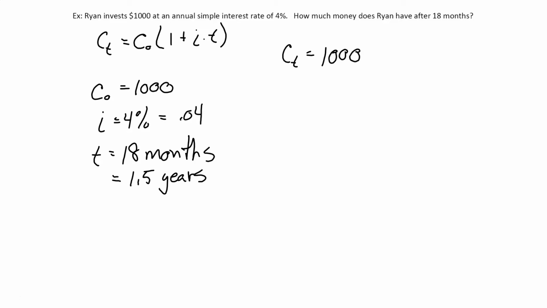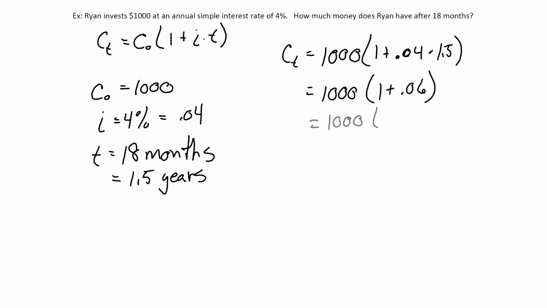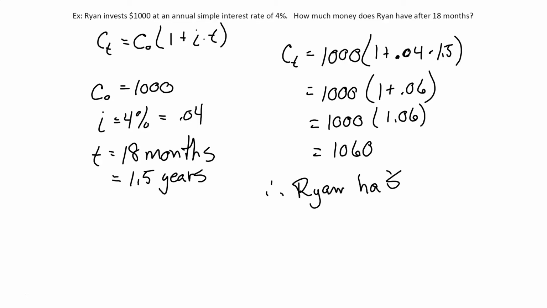We've got 1,000 times 1 plus I, 0.04 times 1.5. 0.04 times 1.5 is 0.06. So we've got 1,000 times 1.06, which is $1,060. Therefore, Ryan has $1,060.